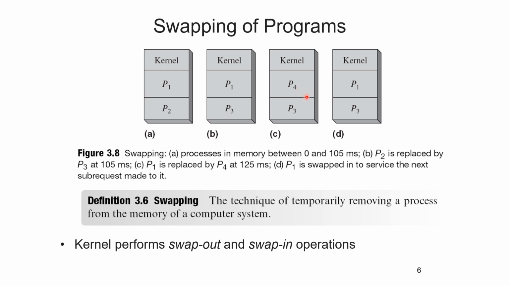So it is called swap in and swap out operation. Similarly, if you see in this diagram, P1 and P3 will be available. P3 needs to be scheduled in the nearby future, so P3 will not be removed from the memory. P4 is removed, and in that same place P1 is loaded again. Okay. So this is called swapping operations. So the kernel performs the swap out and swap in operation.